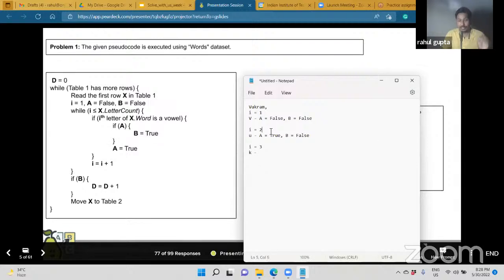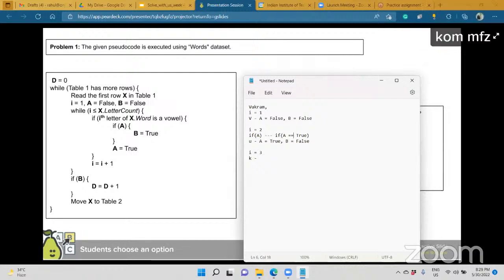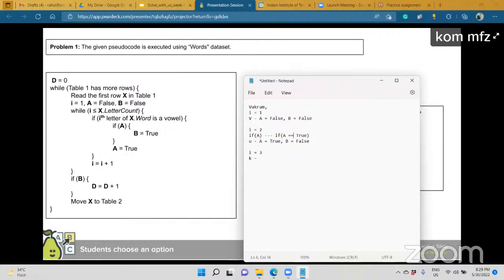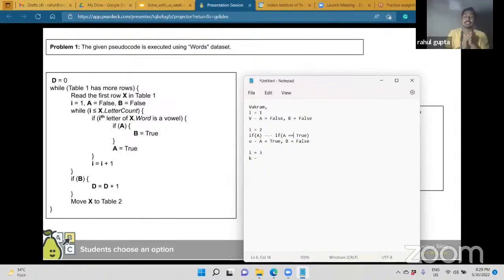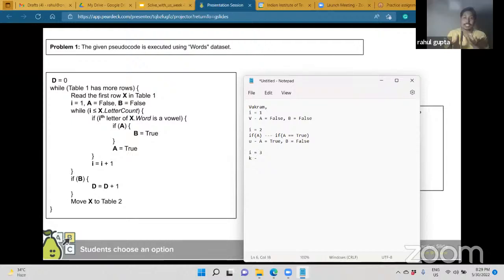What does it mean? If A means if A equal to true. This is what you need to check. Yes, sir. A equal to true. Will it give false or true? So if A is equal to true, then you will enter into the next. Correct, Jitendra. Then we will enter for B. But it is still A is false, na?